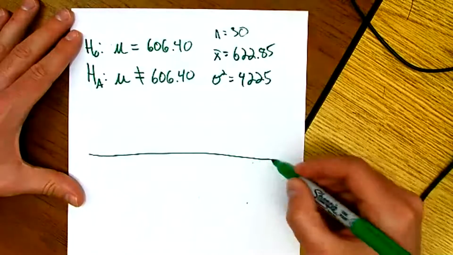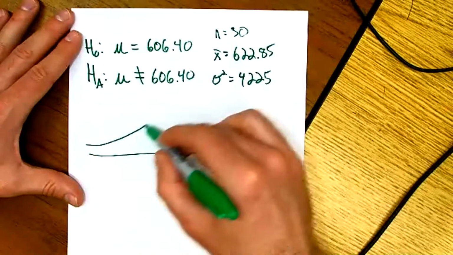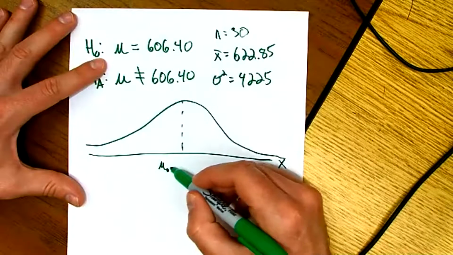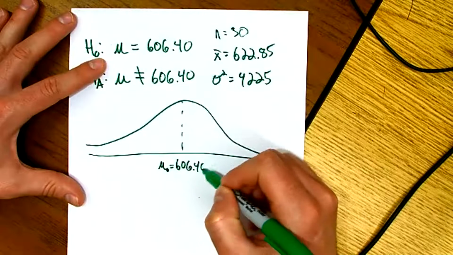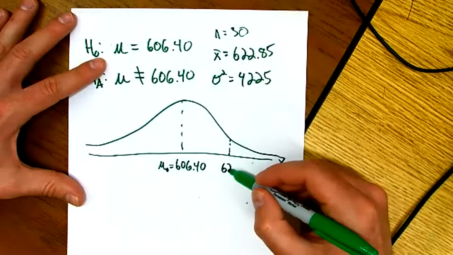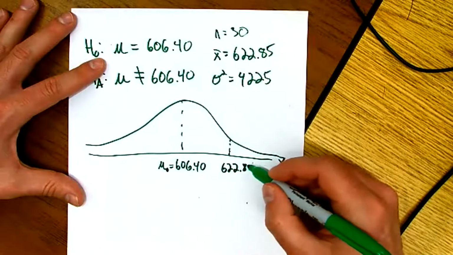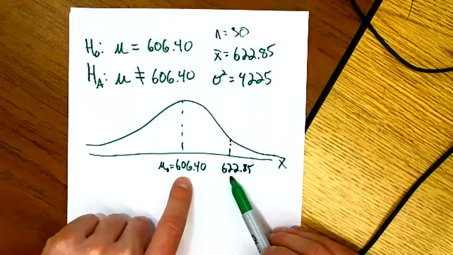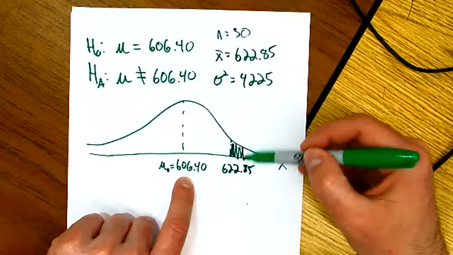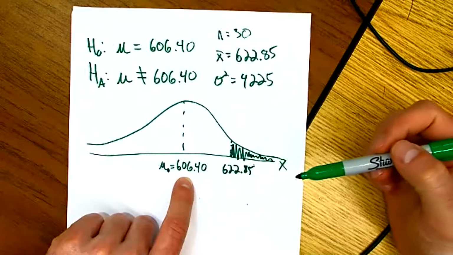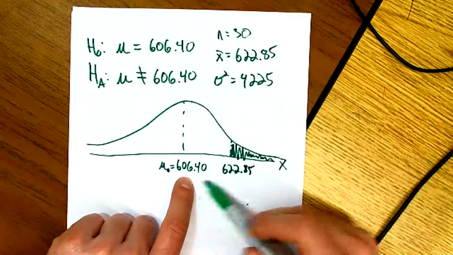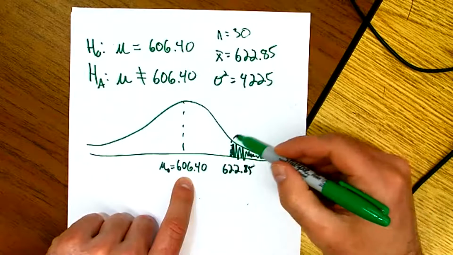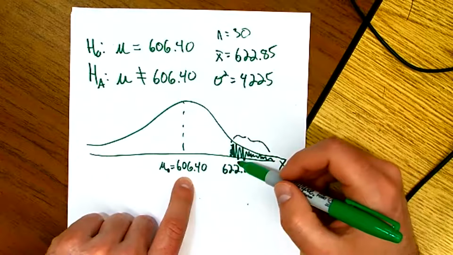So what we're going to do is say, okay, what's the distribution of my sample means? Well, I've assumed that the true mean is $606.40. I found a sample mean of $622.85. So the probability that I saw something that was this far away from that assumed true mean or something even further is right here. But remember, the p-value is the probability I saw something this far away from that assumed true mean or even further that goes against the null hypothesis.